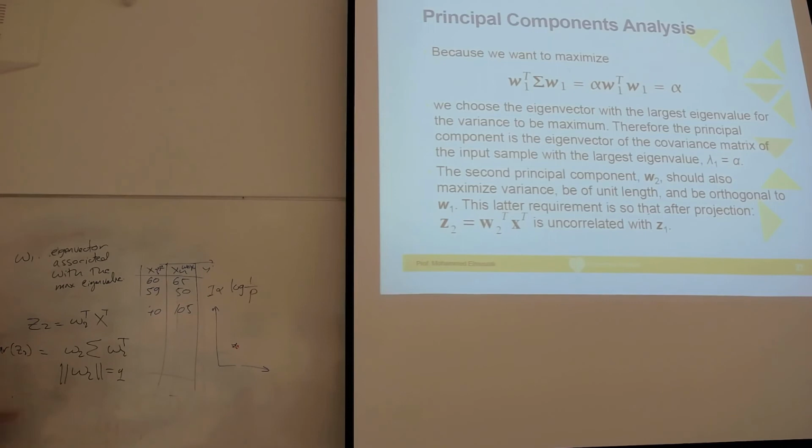But now we need another constraint, because if you solve this function, you will get the same result as W1. Now we are looking for the second principal component, not the first. We have already found the first eigenvector. Now we are looking for the second eigenvector, which also maximizes this variance. So what other condition should we add? We should add that W1 and W2 should be orthogonal. So they are not the same. Otherwise, you will get W1 again.